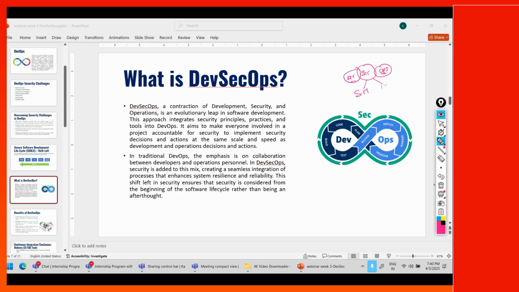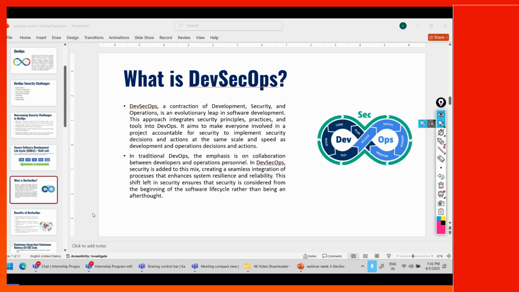Because security is not a single person's or a single department's responsibility. It is everyone's responsibility in an organization. And the orchestration or managing of security is taken care of by the security team, right?